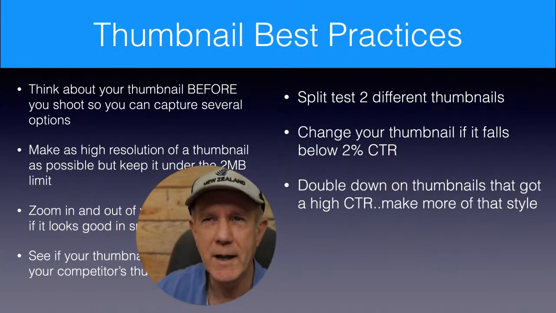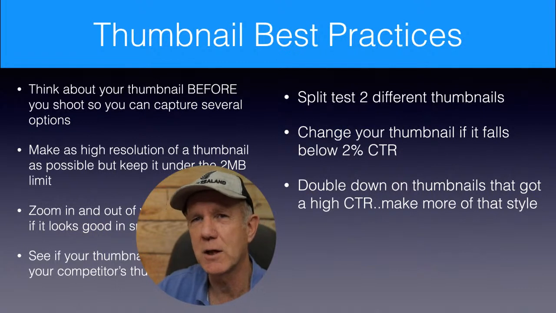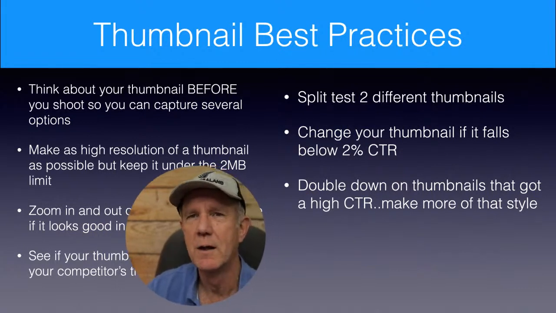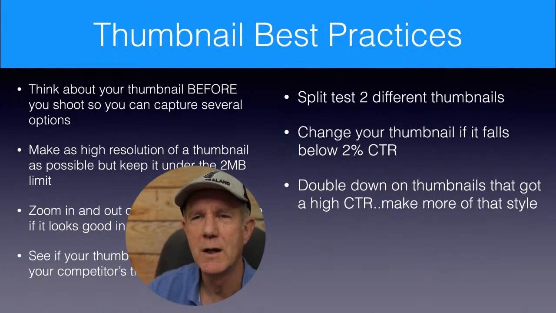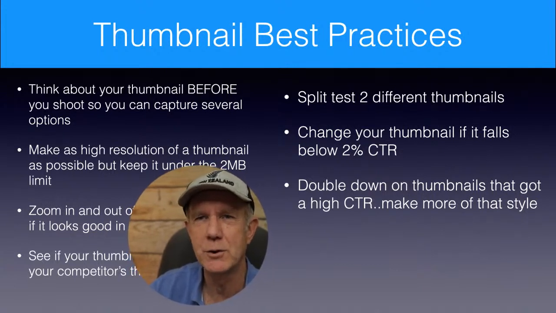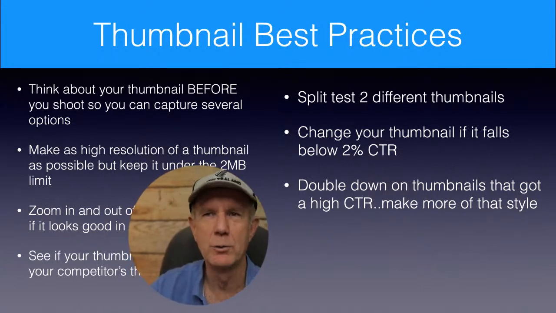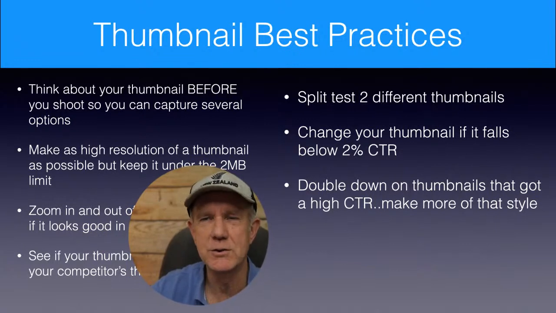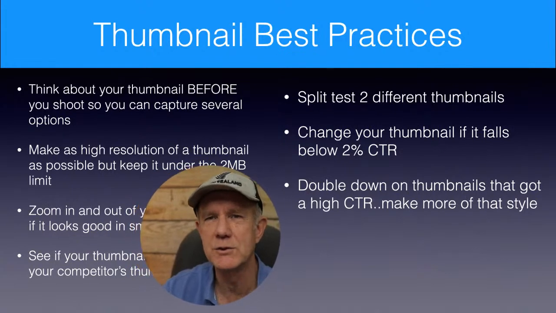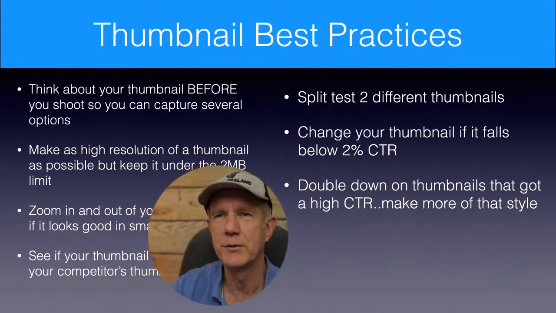Look at the elements that made up that thumbnail. You can also check your competitors' thumbnails and look at the elements that they're using that got thousands of views and try to incorporate some of those. You could use arrows, circles, different images, colors, all these different elements that go into the thumbnail.